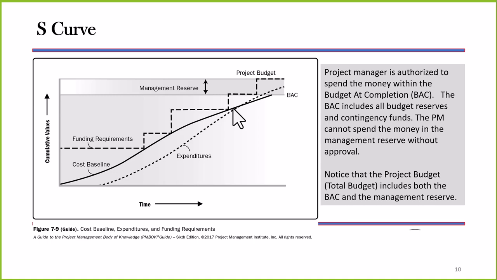It's dynamic because we can change that BAC or the actual schedule baseline based on approved change requests. So there's no reason for this situation here to occur except you've not been minding the store and paying attention to what's going on in your project.